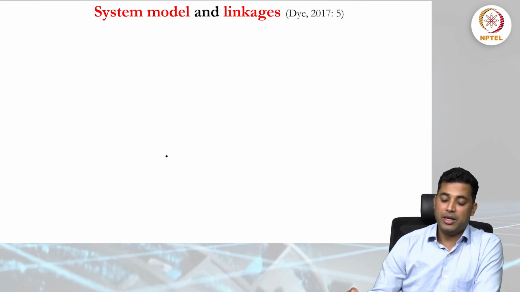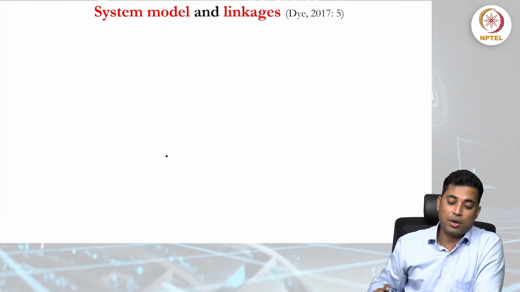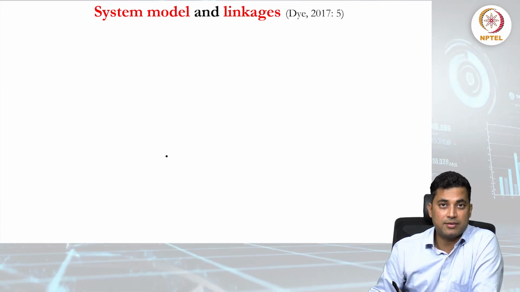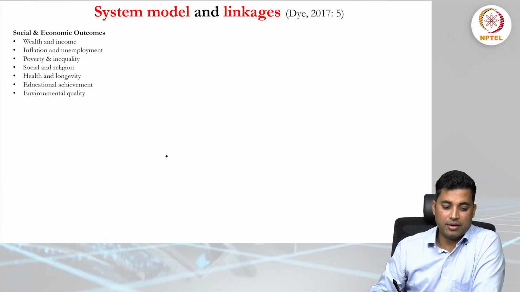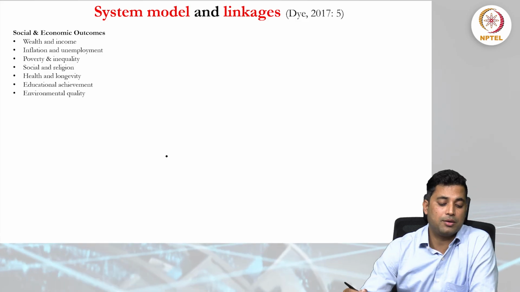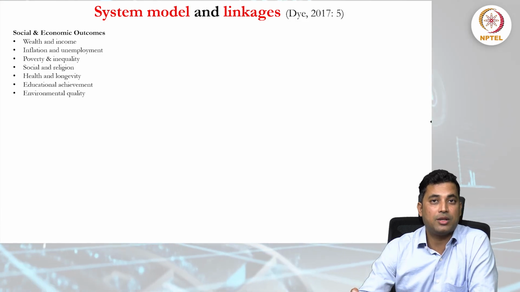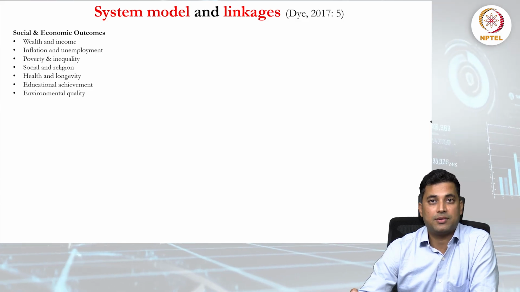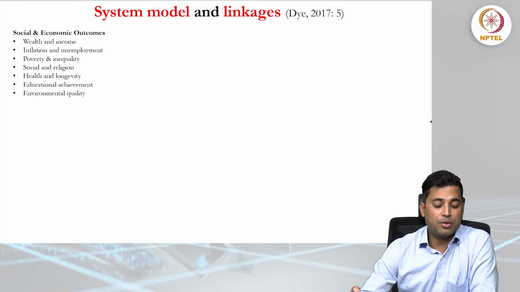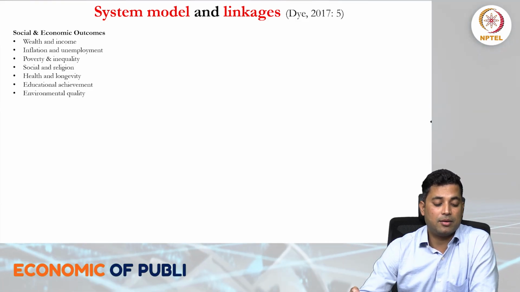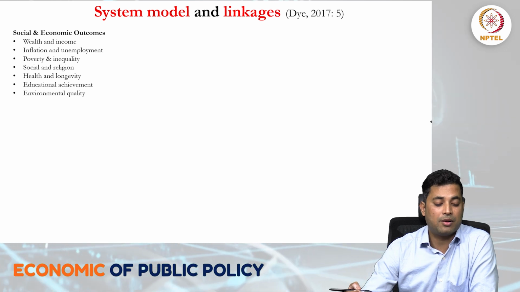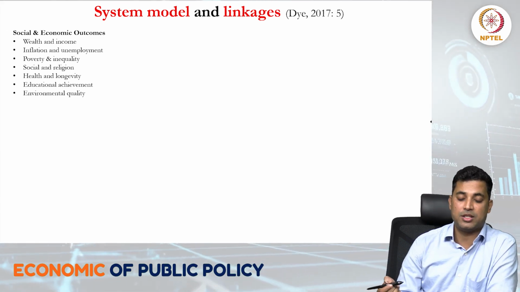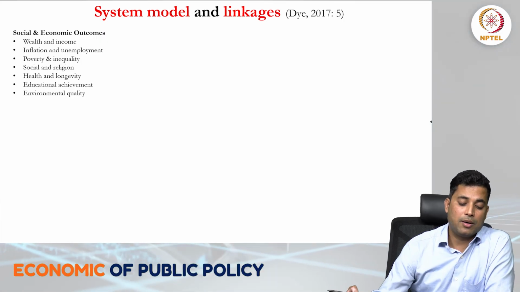Now when we talk about public policy and political systems, and about social and economic outcomes, we are talking about different social and economic conditions. So first we have to understand what discussions we are having within these socio-economic conditions or outcomes.